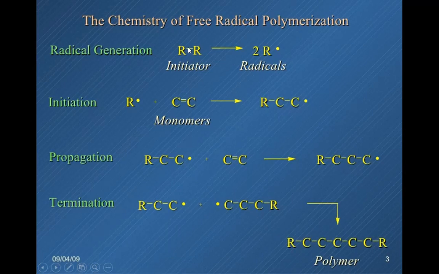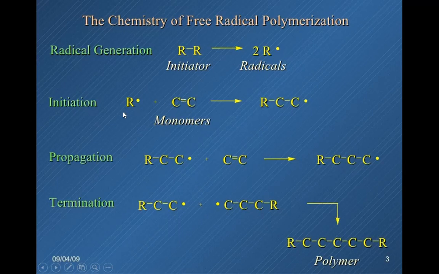This bond contains two electrons. After the fission of the bond, one electron goes to one R and the other electron goes to the other R, and it generates the radical 2R dot.